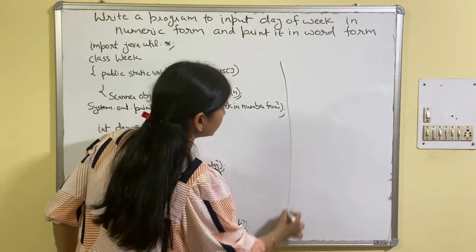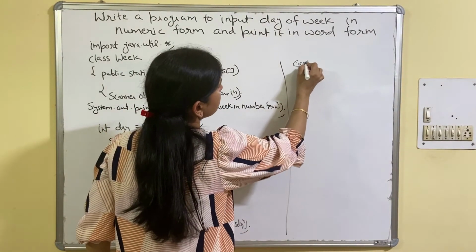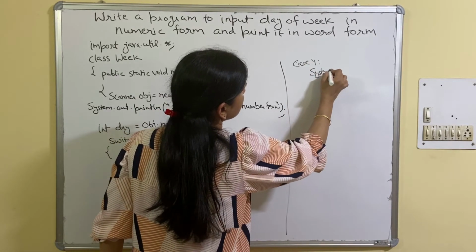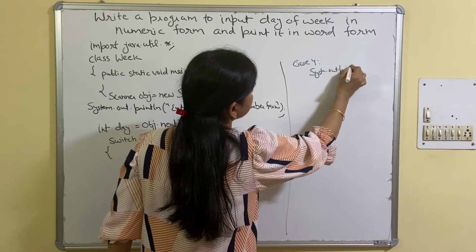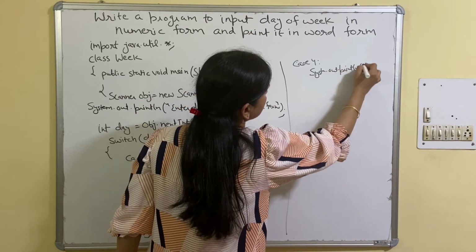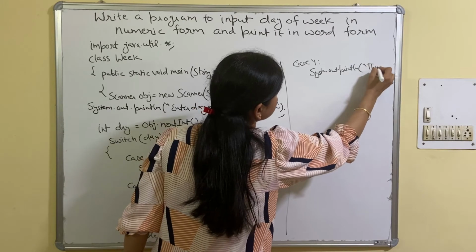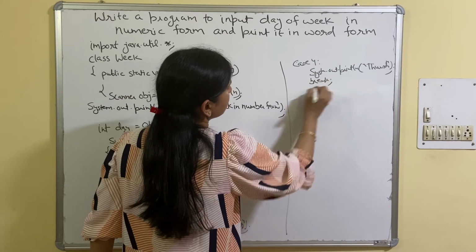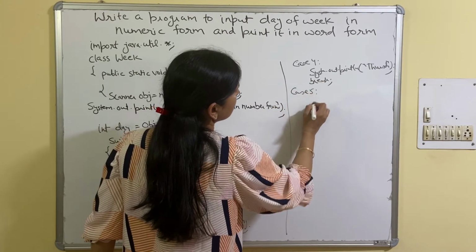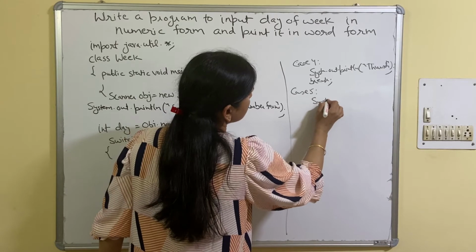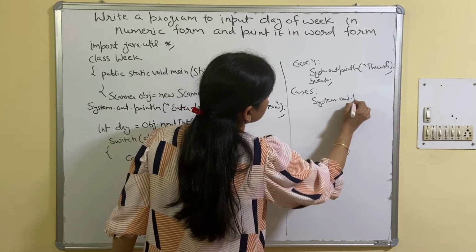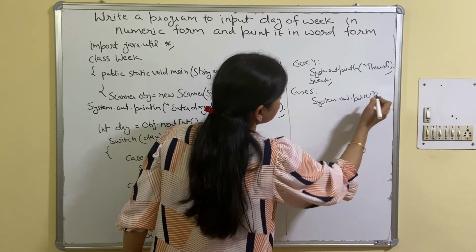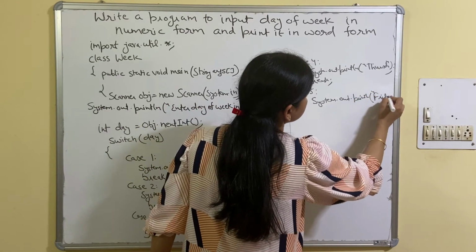Then we will continue here. Case 4, System.out.println Thursday, break. Case 5, System.out.println Friday.